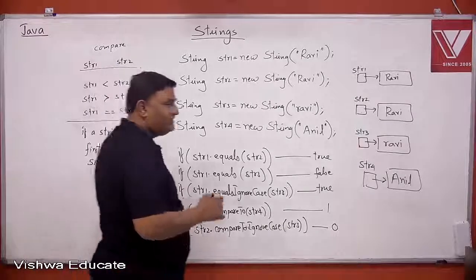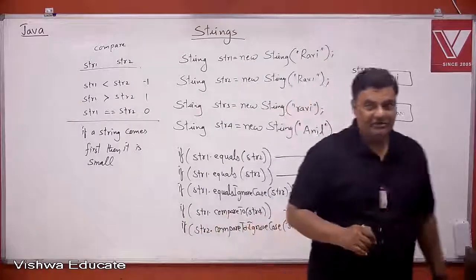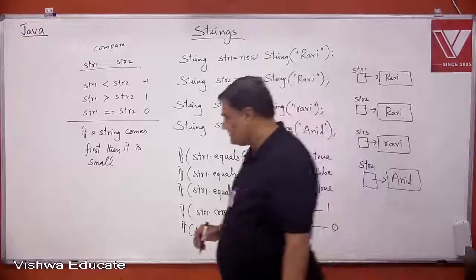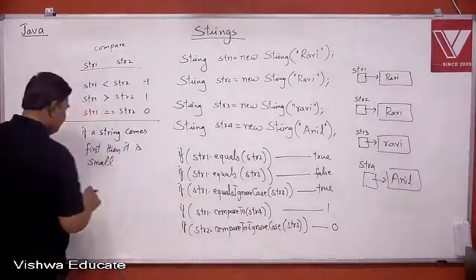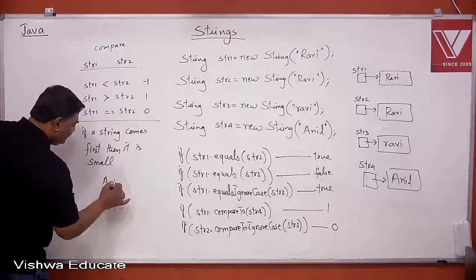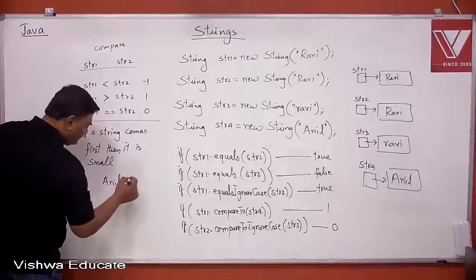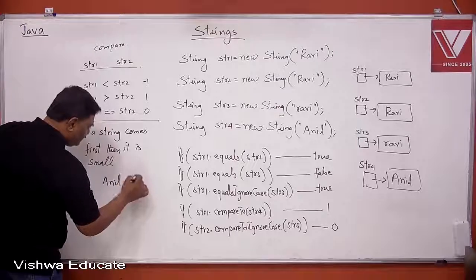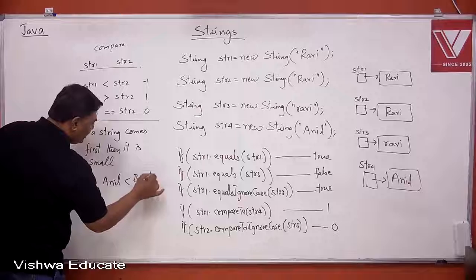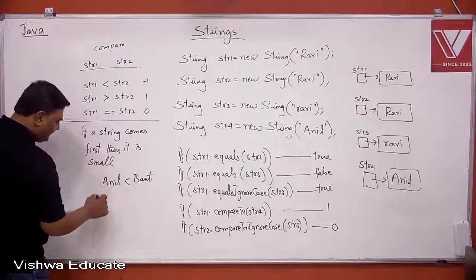Comes first in a dictionary, then it is small. If it comes afterwards, then it is large. So let us take this. I'll give some examples here. See, Anil is smaller than Bunty. This is smaller than Bunty, right?